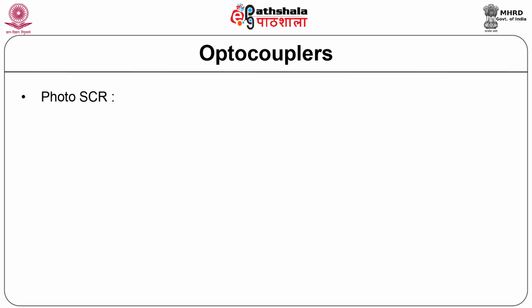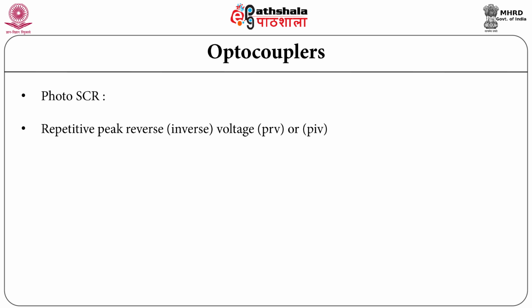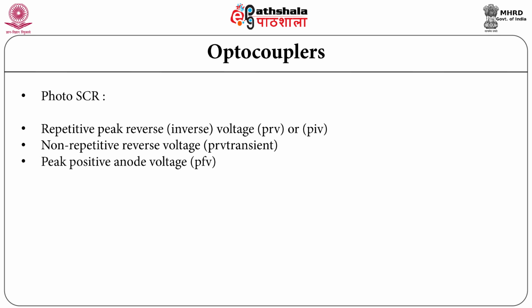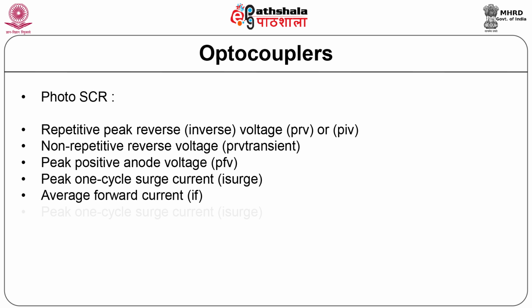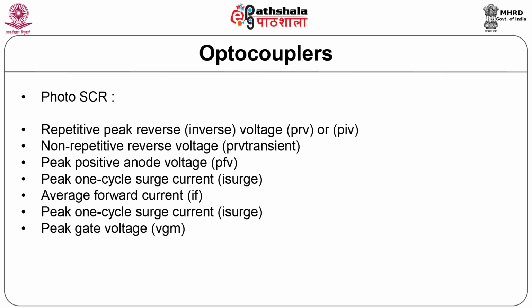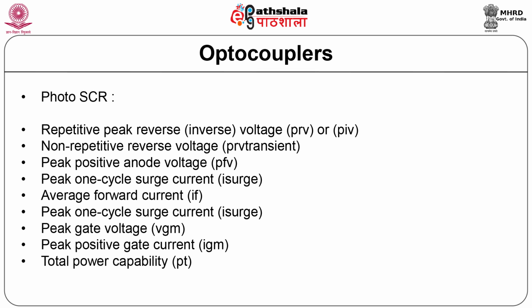If the detector section is a photo SCR, then reverse peak voltage, that is repetitive peak reverse voltage, non-repetitive reverse voltage, peak positive anode voltage, peak one cycle surge current, average forward current, peak gate voltage, peak positive gate current, and total power capability are important.